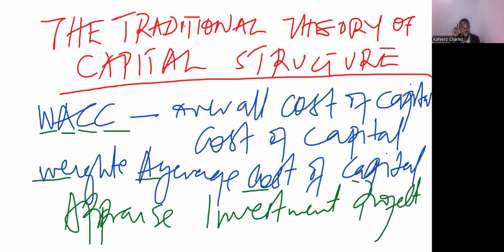Once we use this WACC to appraise investment projects, especially when we are using these discounted or non-discounted cash flow techniques, as we shall look at them when we do the NPV investment decision question.